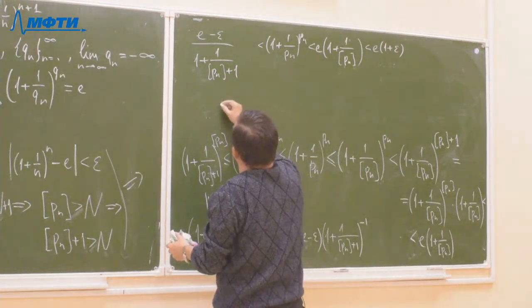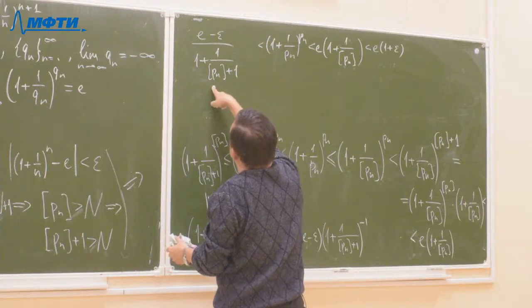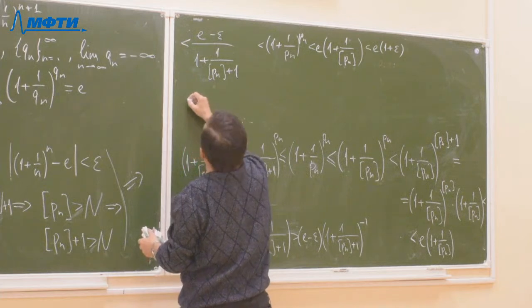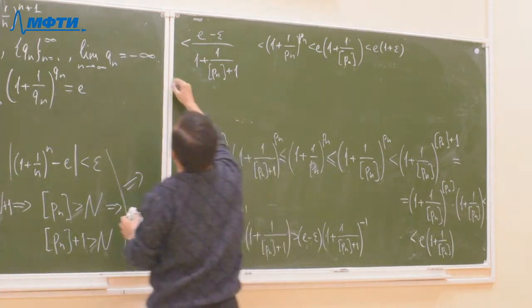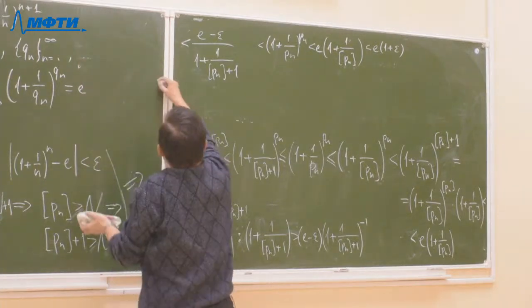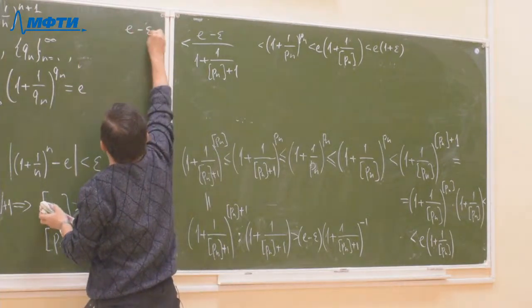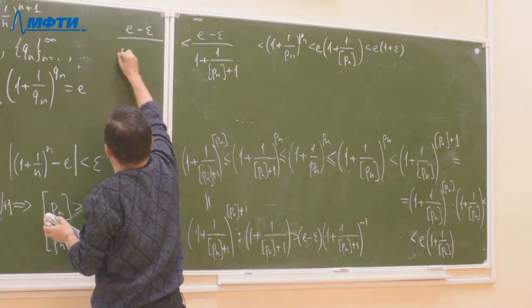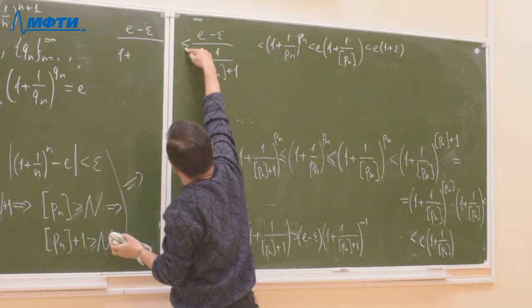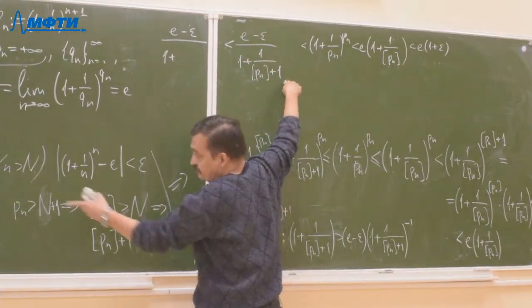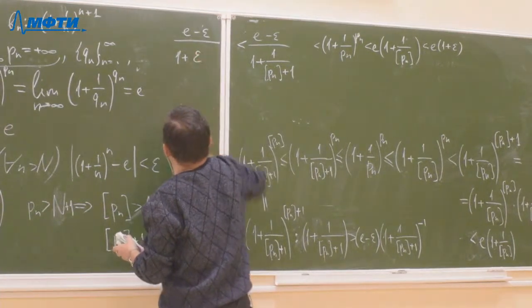And from the left hand side, I can write greater than, so let me write it here, greater than e minus epsilon over 1 plus, so to make an estimate below I should estimate above that one, and that's again plus epsilon.